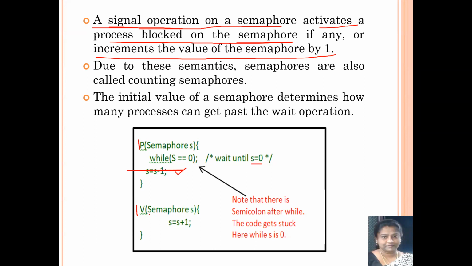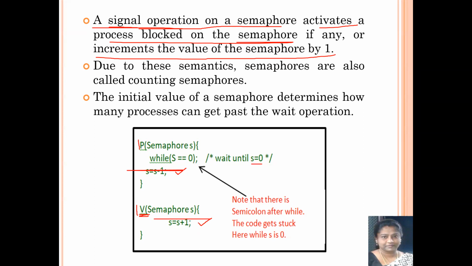When will this process be allowed to enter? If a signal operation on the semaphore, that is the V operation, is executed. What is meant by the signal operation? The signal operation is just used for incrementing the value of the semaphore. So whenever a process leaves the critical section, the semaphore value will automatically be incremented.